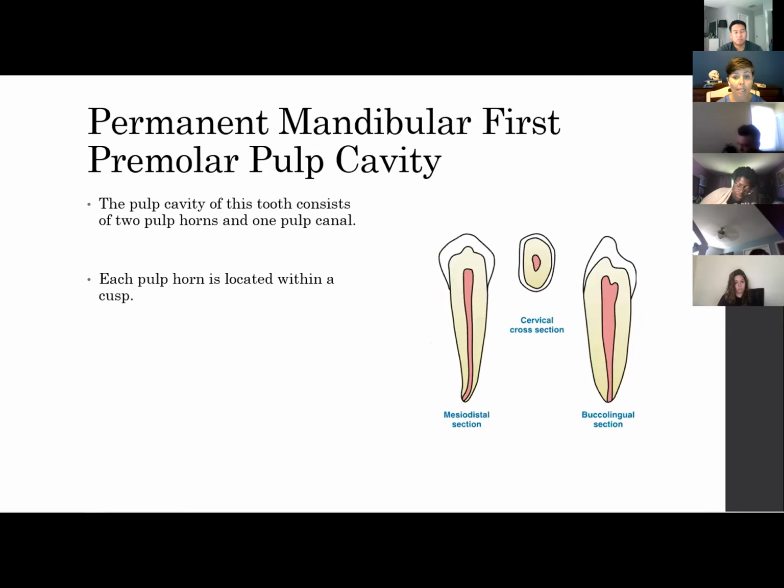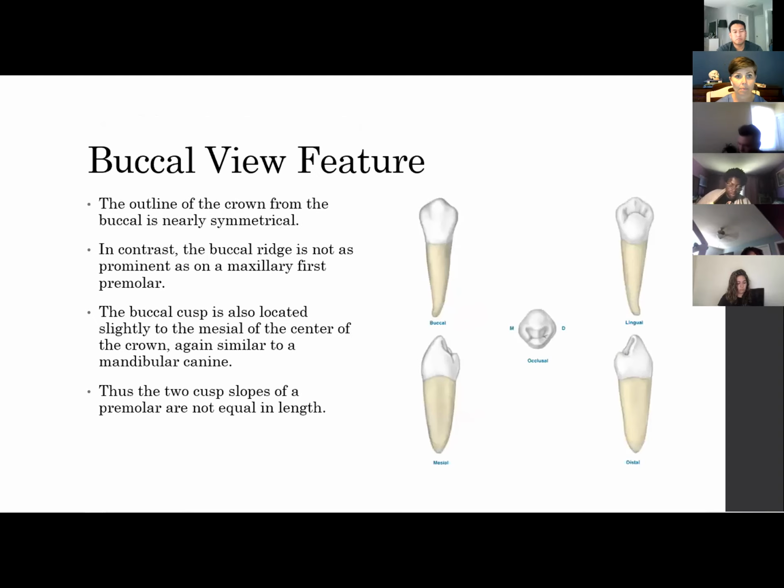Looking at our pulp cavity, because it has the two cusps, it has 2 pulp horns and 1 pulp canal, and each pulp horn is located within a cusp. The outline of the crown, looking at it from the buccal, is nearly symmetrical.